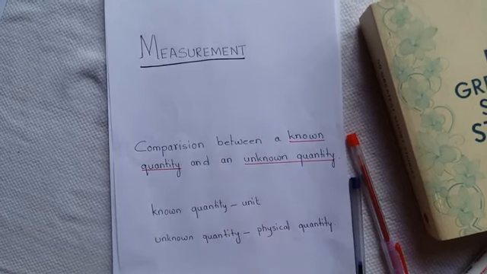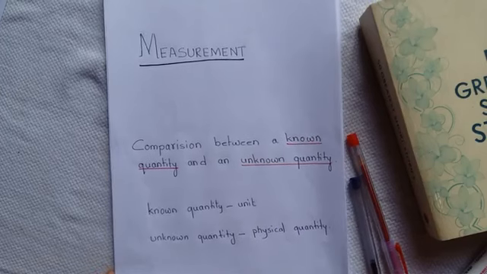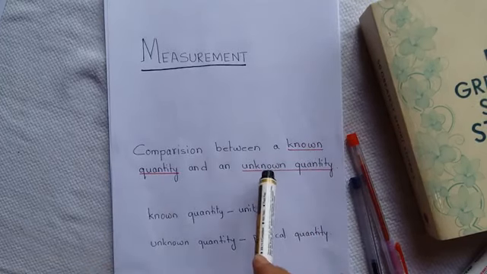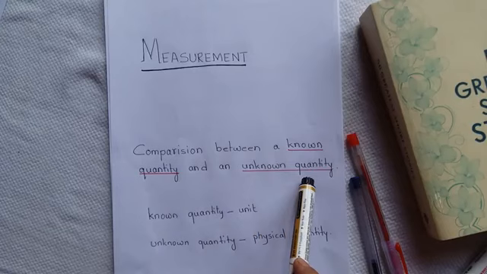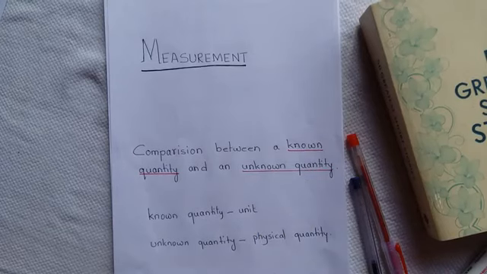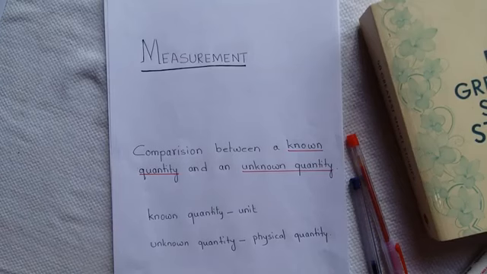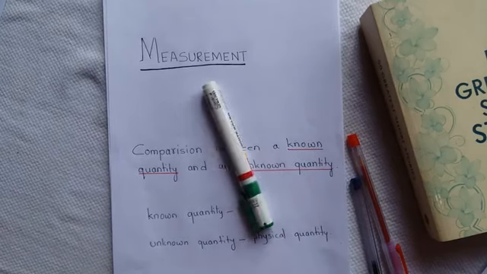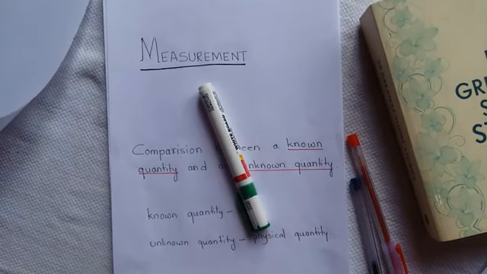So we know now we have two quantities here. One is known quantity and other is unknown quantity. So measurement means comparing these two quantities, known quantity and unknown quantity. So what is known quantity and what is unknown quantity? We have a marker here, green. Okay, it's green in color.